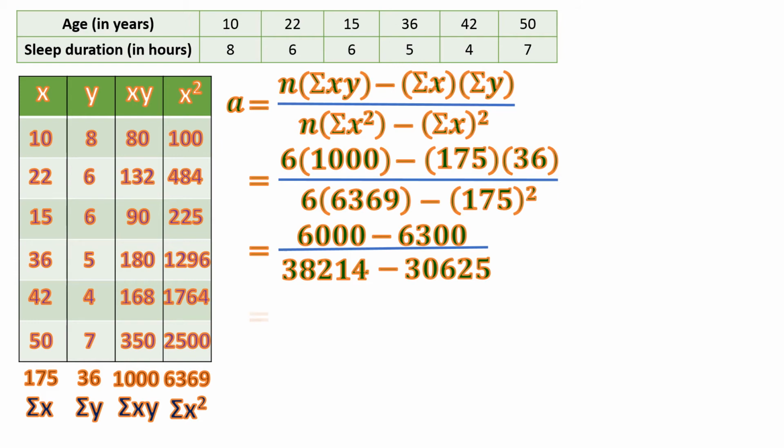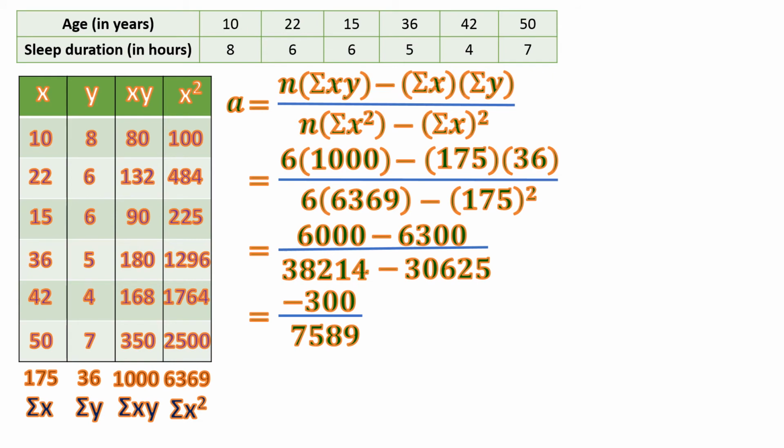Then let's get the difference. So the difference of 6,000 and 6,300 is negative 300. Then the difference of 38,214 and 30,625 is 7,589.